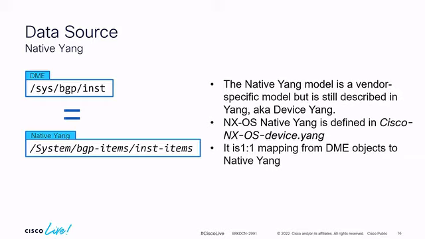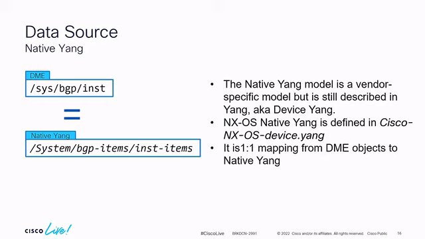Remember I mentioned YANG itself is a data modeling language. That means you can use YANG to describe any type of tree-like structured data. Our DME is tree-like structured data, right? So technically we can use YANG to describe our database, our DME, and that becomes the native model.